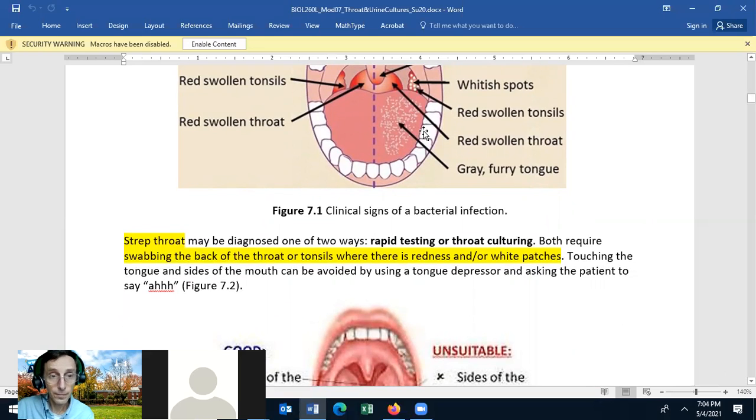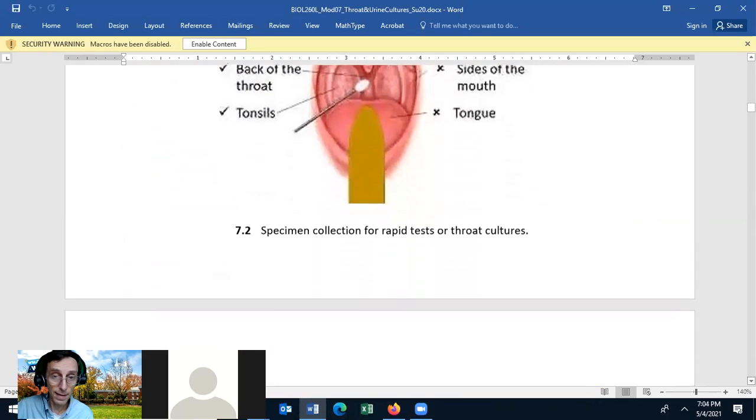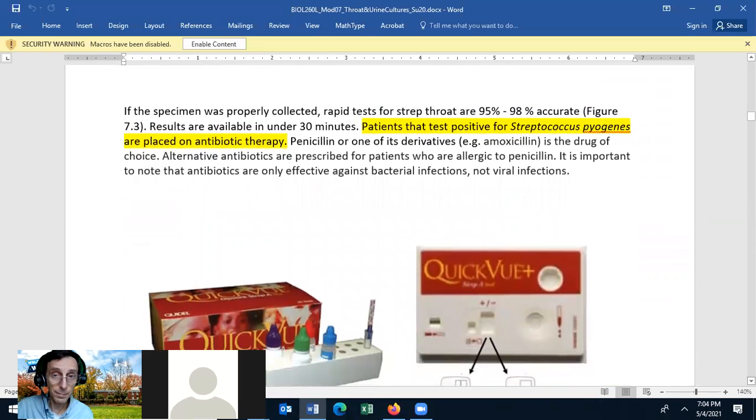Strep throat can be determined by swabbing the back of the throat or the tonsils where there's redness and white patches, and then swabbing that culture on a blood agar plate. Patients that test positive for Streptococcus pyogenes are placed on antibiotic therapy because humans are very lousy, if at all, at throwing off Streptococcus pyogenes.